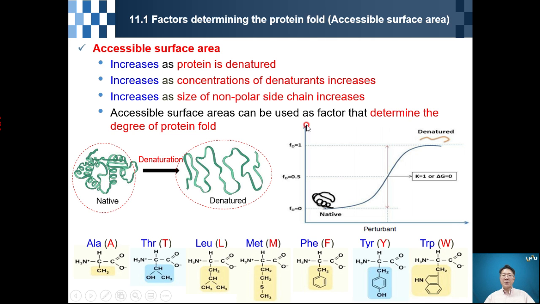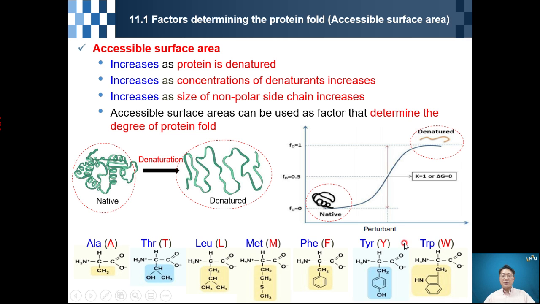This is also a graph showing that the x-axis is the concentration of the perturbant, and the y-axis means the degree of denaturation. FD 0 means that the protein is in native structure, and FD 1 means that the protein is fully denatured.